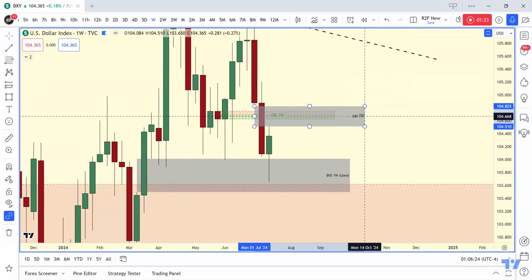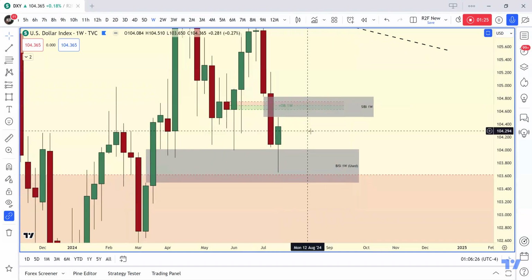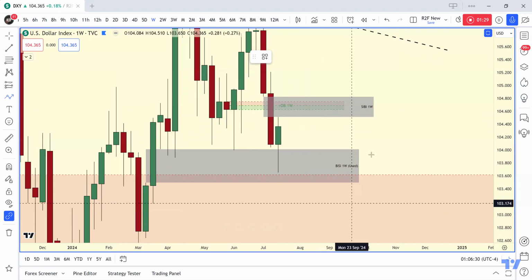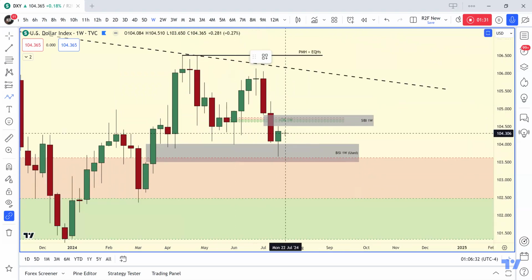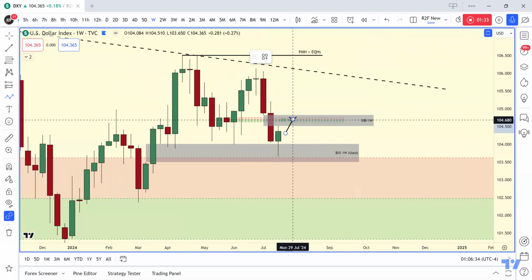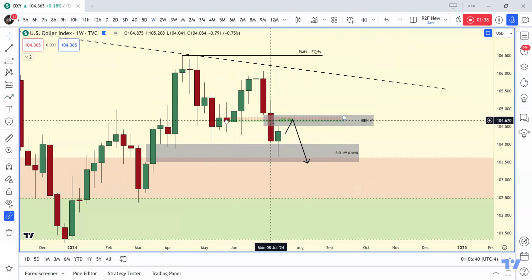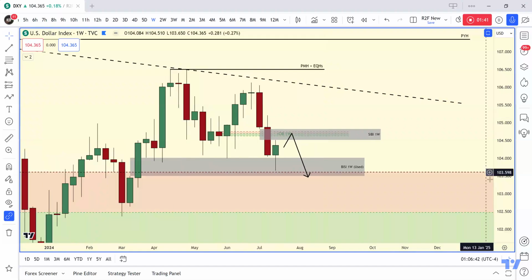Overlapping here. So just basing on this chart, if I'm looking for lower prices, price comes into here, creates some sort of market maker sell model, and comes a bit lower. We're quite close to here, so most likely price is going to come and take that.